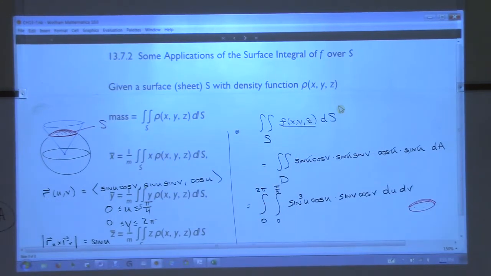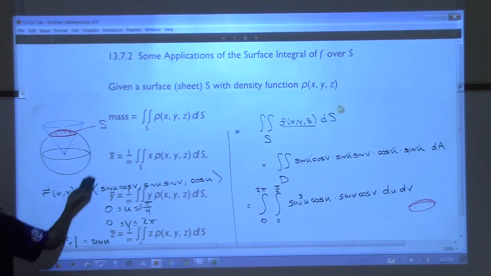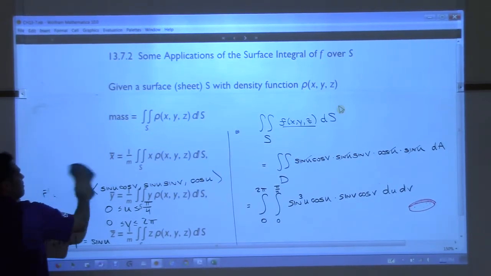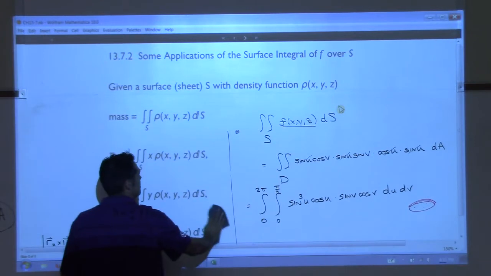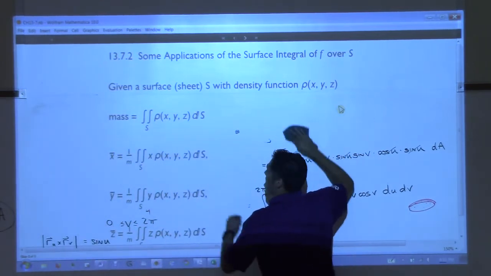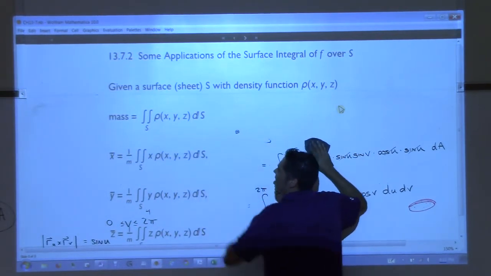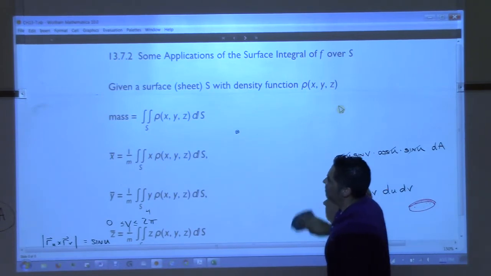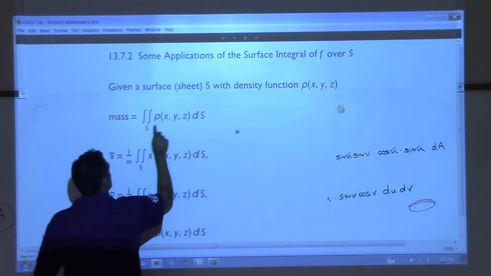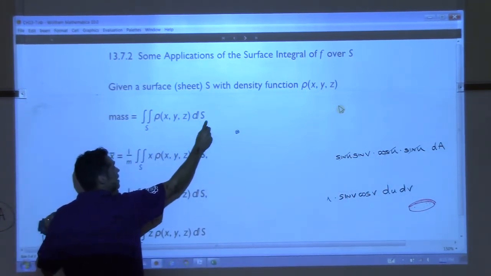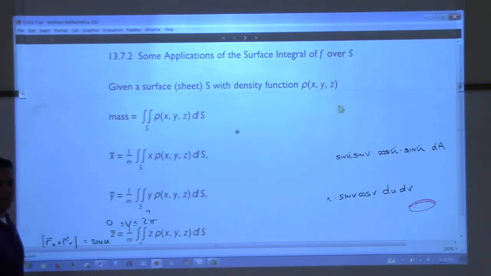Okay, some applications of these surface integrals. So mass, this is what I talked about when I was trying to explain it. If this function here is a density function, and you're going to be integrating the density function over the surface S with respect to surface area, then that's going to give you the mass of the object. Then we have formulas for finding the center of mass.